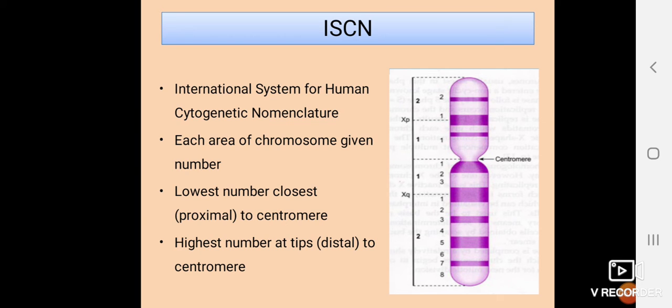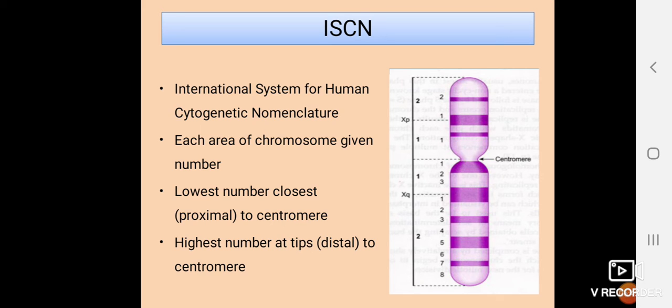As per the International System for Human Cytogenetic Nomenclature, people actually gave the nomenclature, as I told you, that we mainly have to follow. So each area of the chromosome was given a number. You can see how the area of the chromosome is being given a number.